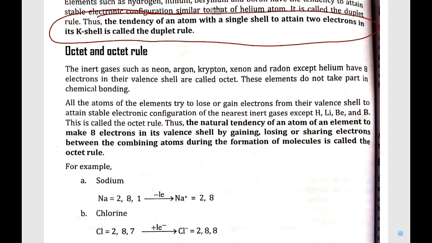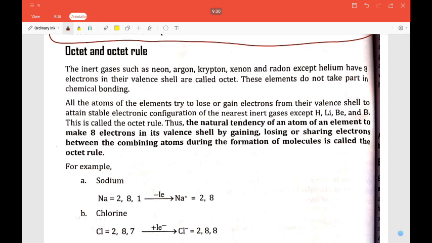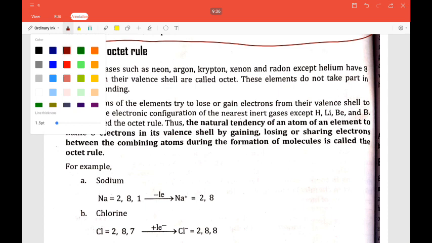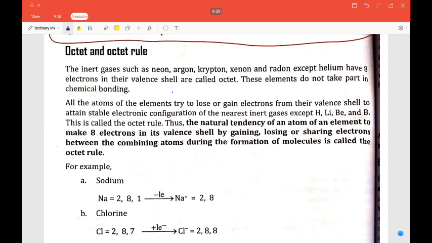If there are 8 electrons in the valence shell, the outermost shell, then it is called octet. Do you have any idea which elements are in octet? Elements like neon, argon, krypton, xenon, radon are in octet.